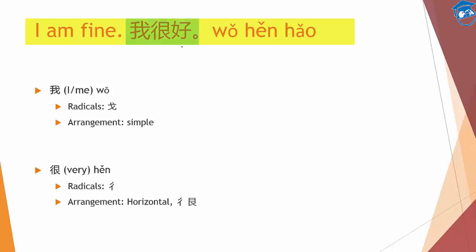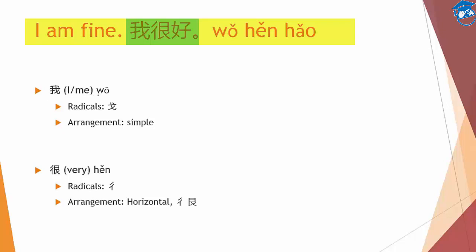Okay, so the 2 new words are here. Okay, 我 here means I or me, because for Chinese, 我 doesn't change whenever it's the subject or the object.